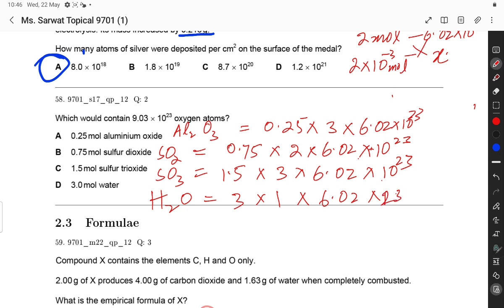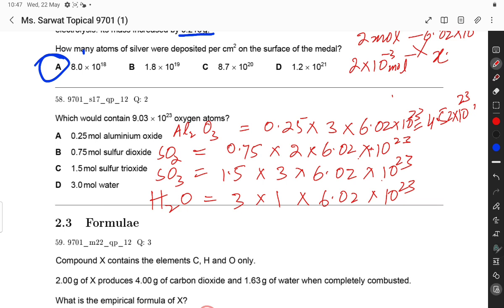So let's calculate. 0.25 × 3 × 6.02 × 10^23 is equal to 4.52 × 10^23.